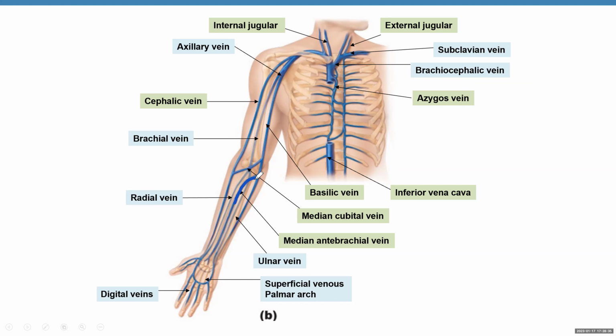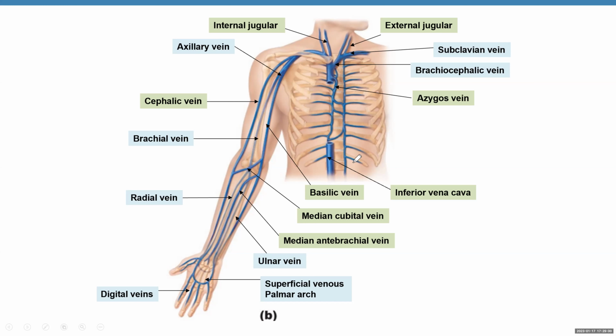And right here between basilic and cephalic, you have the median antebrachial vein. Right, both cephalic and basilic veins then connect to your deep veins. Cephalic goes a little bit higher to the subclavian, and basilic brings blood to the axillary vein.